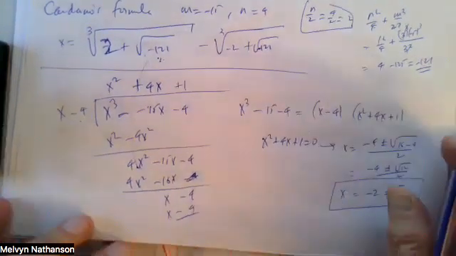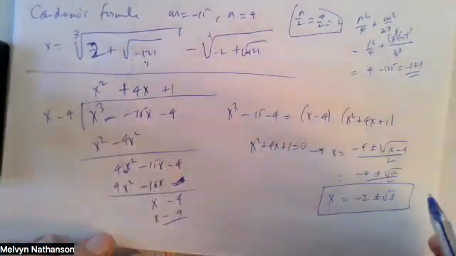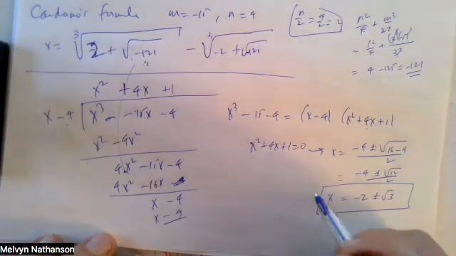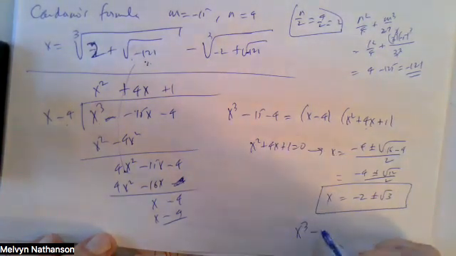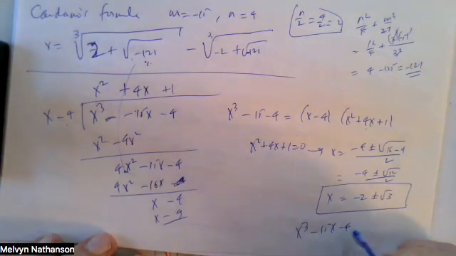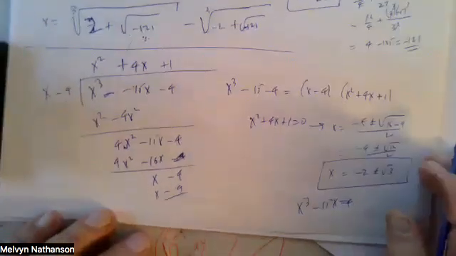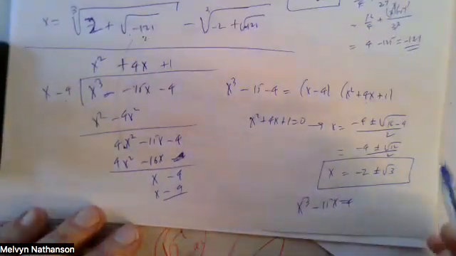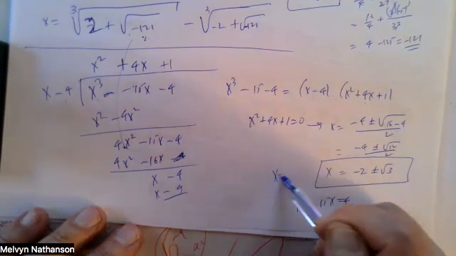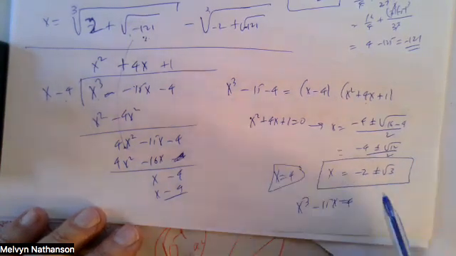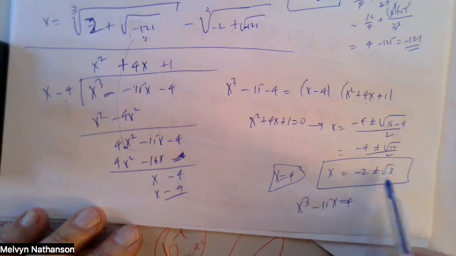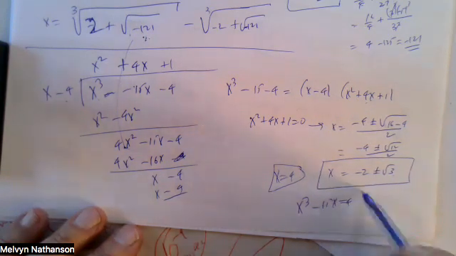So in fact, this cubic, x cubed minus 15x equals 4, has 3 solutions and they're all real. One of them is x equals 4, and x equals minus 2 plus root 3, and x equals minus 2 minus root 3.